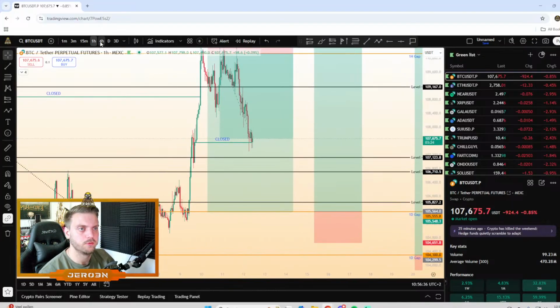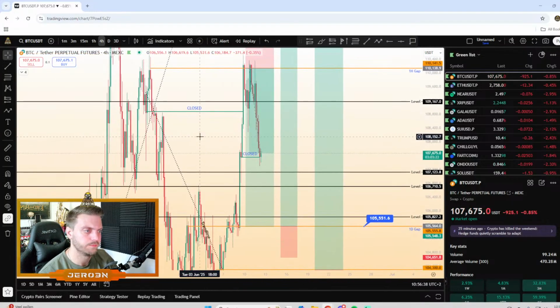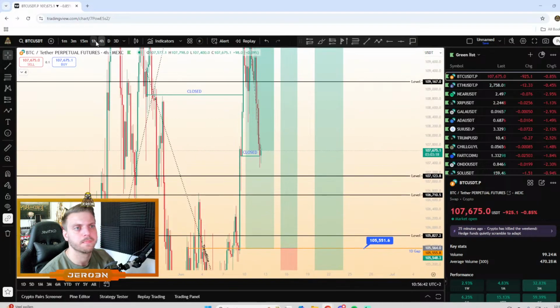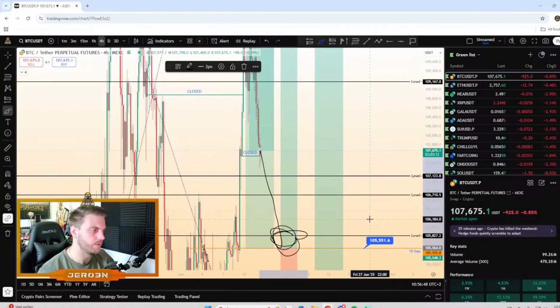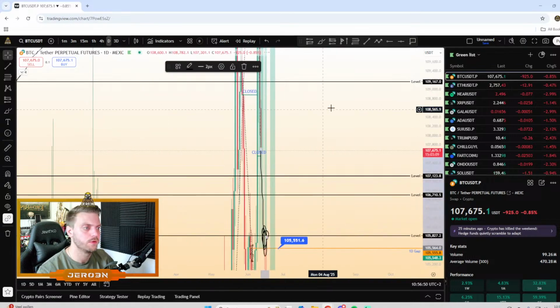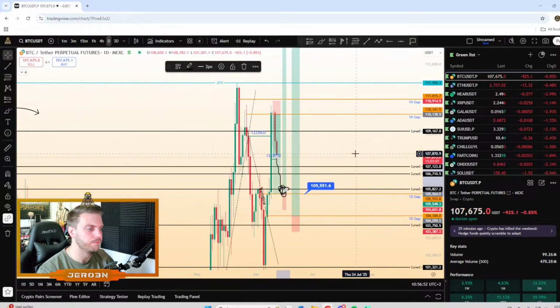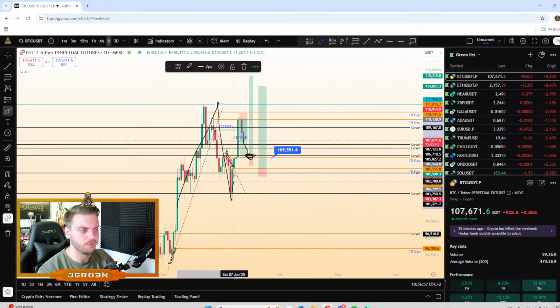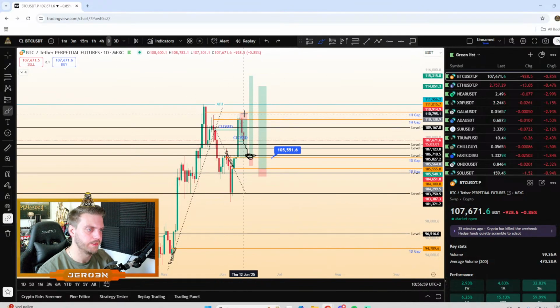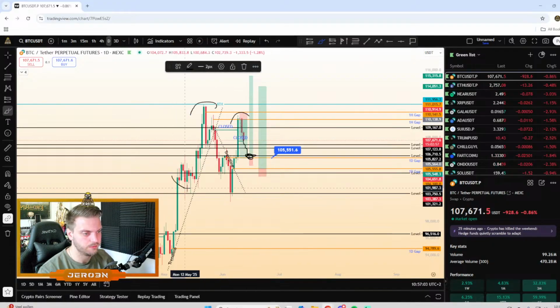But if we zoom out on the 4 hour, okay, it didn't close below. But yeah, we still need to see that big retest happening. And if you zoom out even more, it is giving us that big double top effect, creating that lower high and that first lower low.